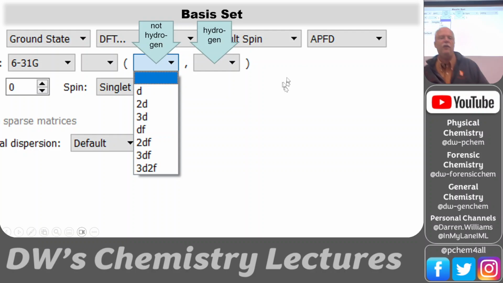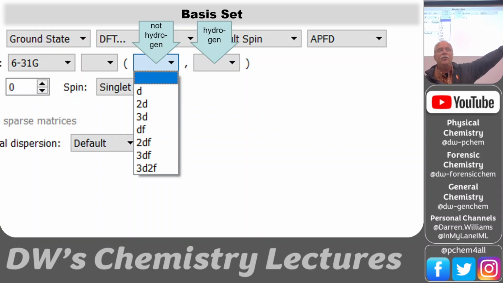And so we have all of these choices. So in this parentheses region, we have our basis set, like base level 6-31G. Then we can add in different higher orbitals, like d orbitals. If we had a carbon or a nitrogen, those things don't have any electrons in a d orbital.